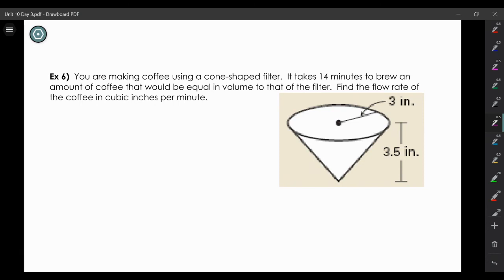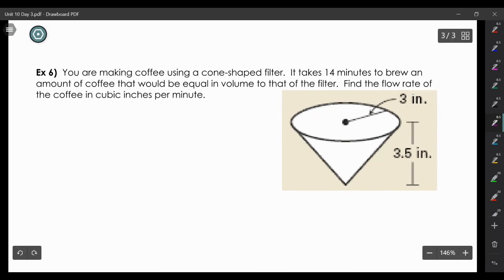So this could be a little bit of a tough question, but what we need to do first is find the volume of this. So what I want you guys to do is pause the video and find the volume of this filter, and then unpause it, and you'll see what we'll have to do from there. So go ahead, pause, and find the volume.